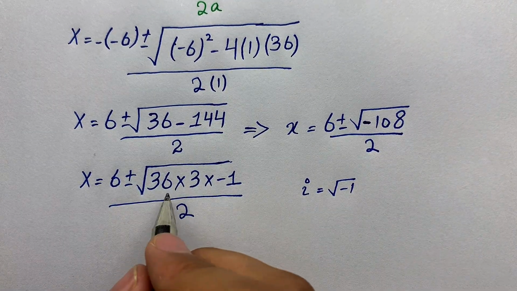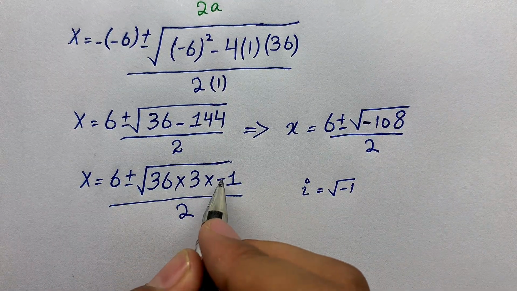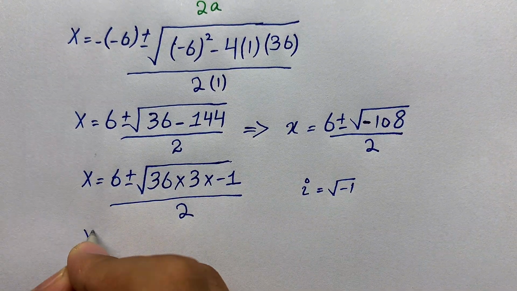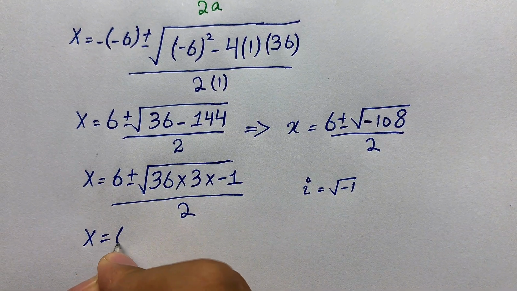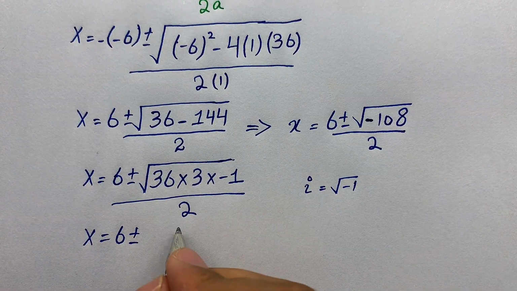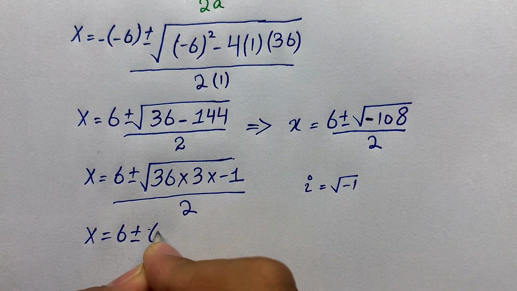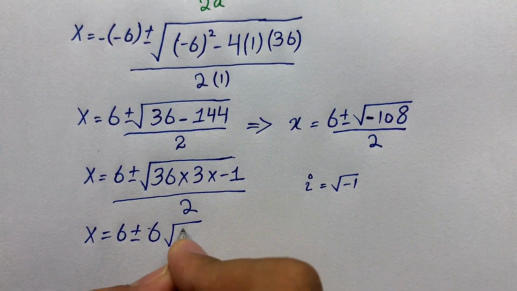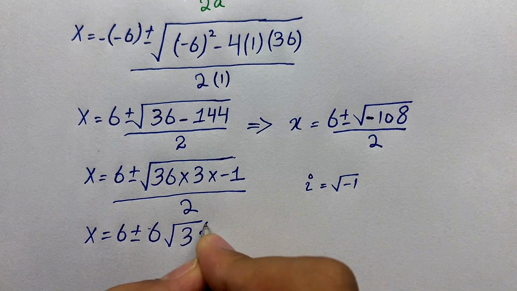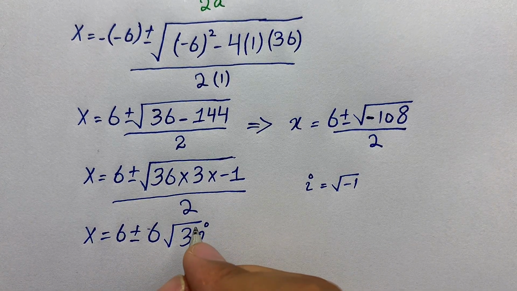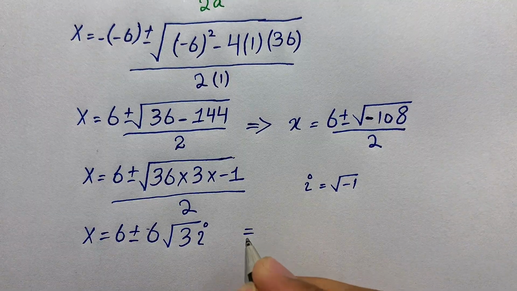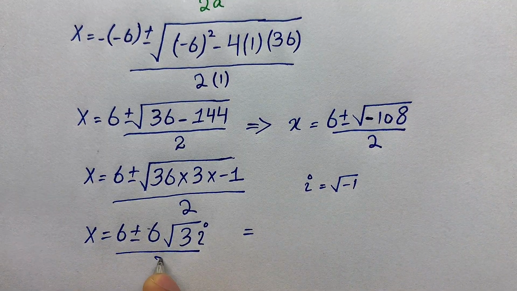This will be the square root of 36, the square root of 3, into the square root of minus 1. The square root of 36 is 6, so this is plus minus 6 into square root of 3 into iota, divided by 2.